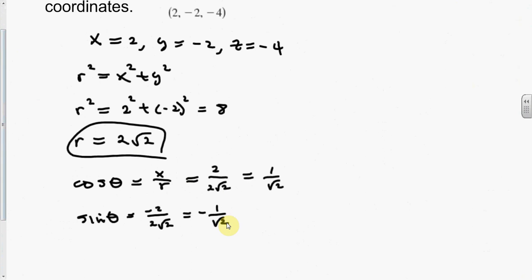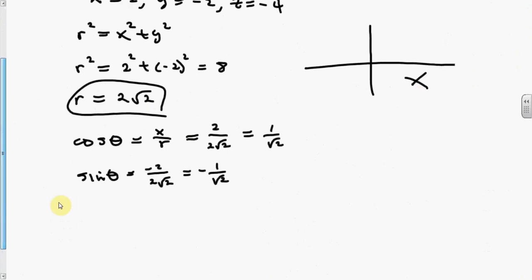Which quadrant? The fourth quadrant, right? That's the key. So we're here. And if that be the case, you take the reference angle. The reference angle would be pi over 4.